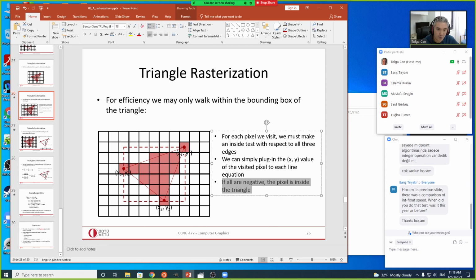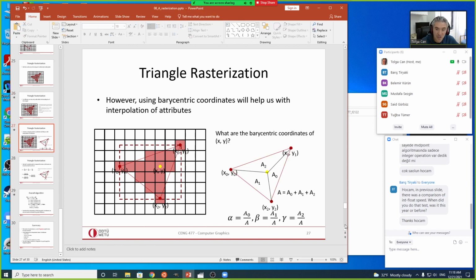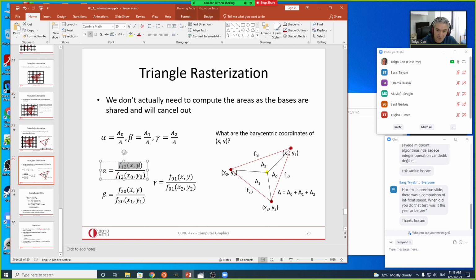We plug the xy value of the visited pixel into each line equation. If all are negative, the pixel is inside the triangle. The same test we do here, we are again checking whether all of these numerators are negative. But since the denominators are also negative, these are on the same side as this edge for a pixel that is inside, so all of them are negative, but with larger negative values. For a pixel to be inside, all alpha, beta, gamma need to be positive.